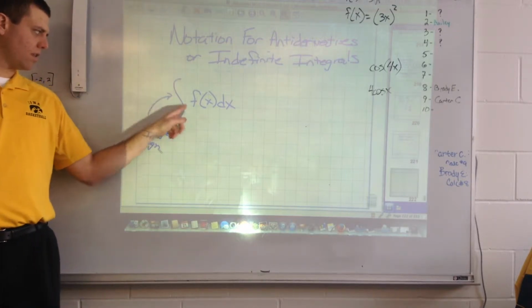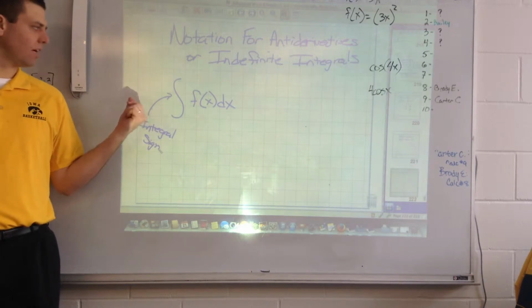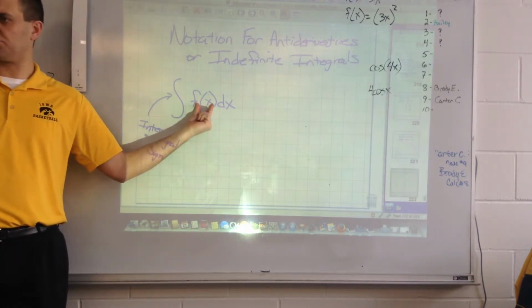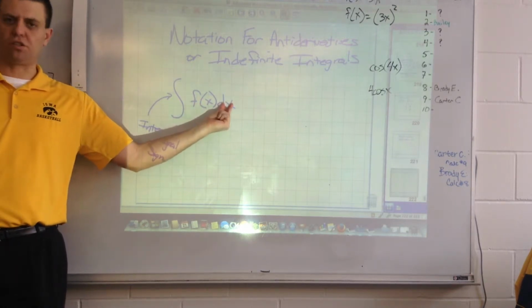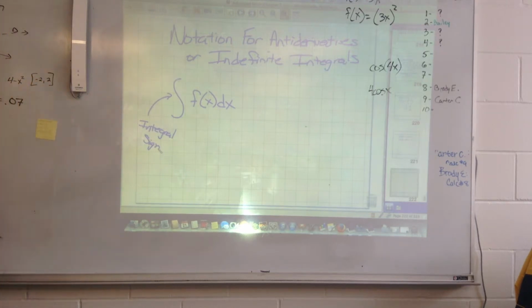This is asking you to find the antiderivative of this function in terms of x, the variable x. Most of them here at the beginning are going to be in terms of x anyway, so there's nothing really new or different going on there. Okay?